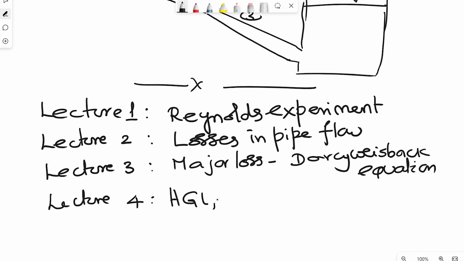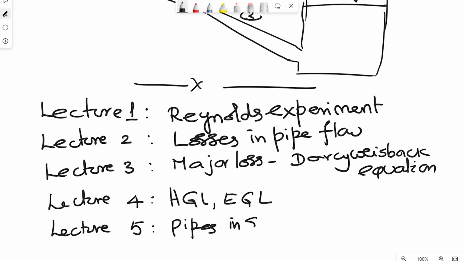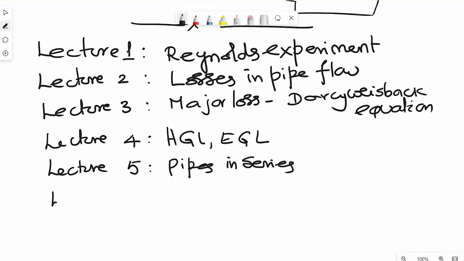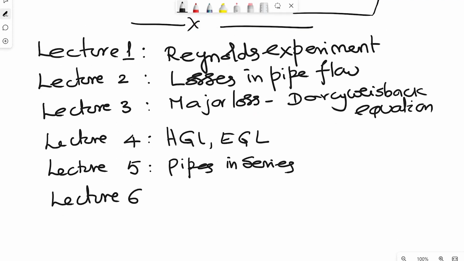Lecture 4: hydraulic gradient line and energy gradient line. Lecture 5: we have taken up pipes in series. Lecture 6: pipes in parallel.